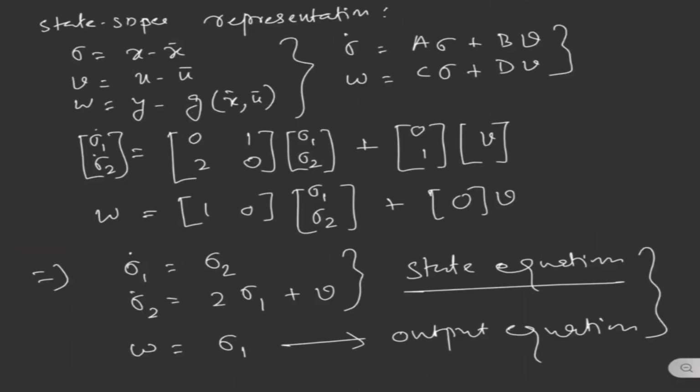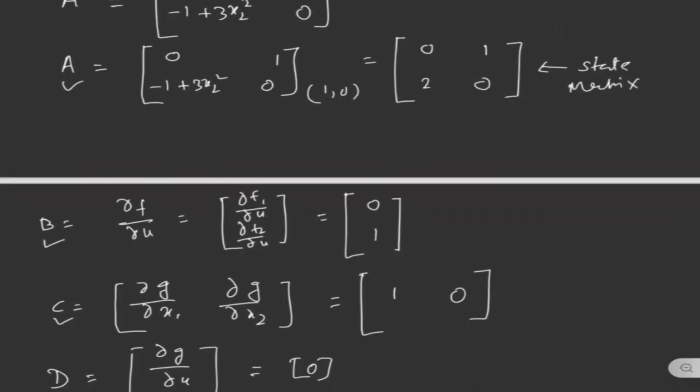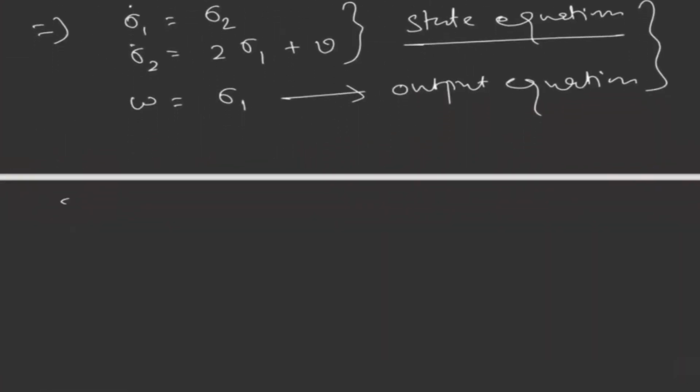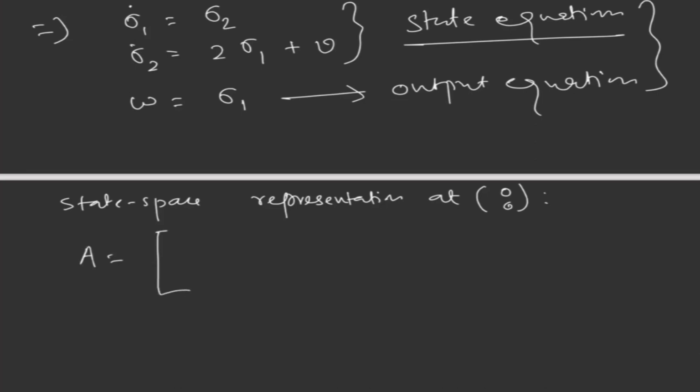The state matrix A is [0, 1; -1 + 3x2 squared, 0]. At the equilibrium point 0, 0, the matrix becomes [0, 1; -1, 0].